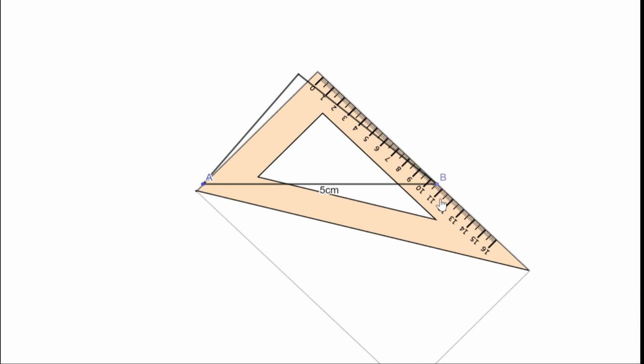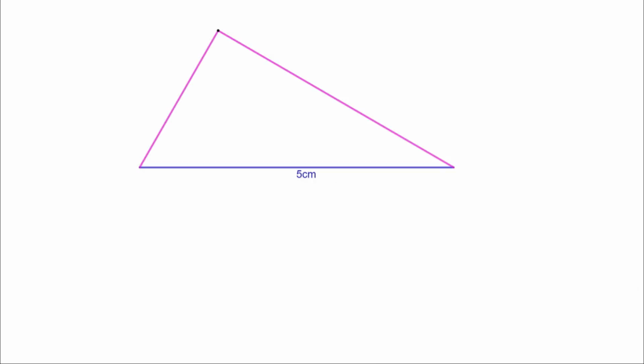Let us draw many triangles like this and observe the third vertices. Here you can see a right triangle with hypotenuse 5 cm. Now we are going to draw so many right triangles with same hypotenuse and let us observe the third vertices.